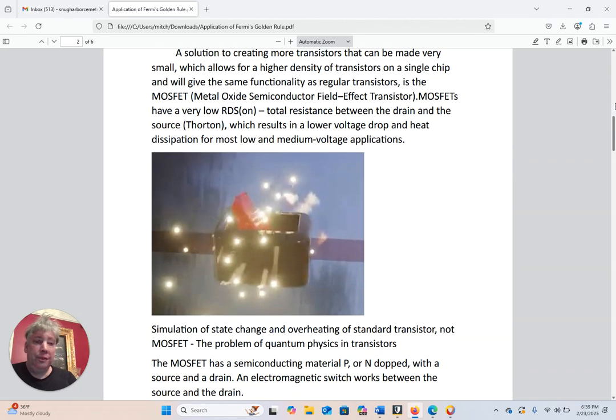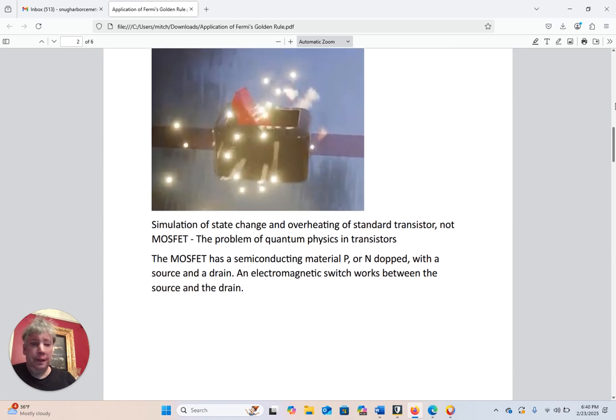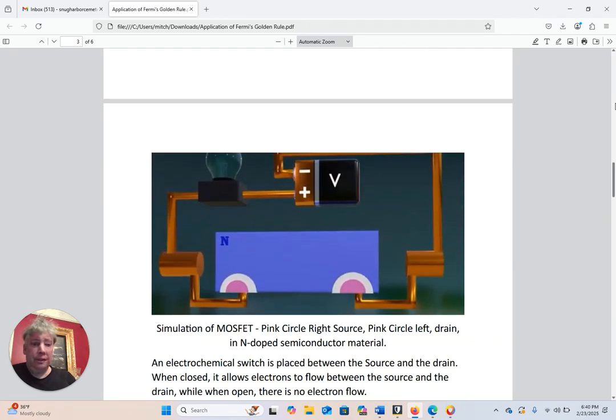What you're seeing here is a simulated view of a transistor overheating and releasing a lot of energy as it moves from one state to the other. So what are MOSFETs? Here is a simulated view of a MOSFET.